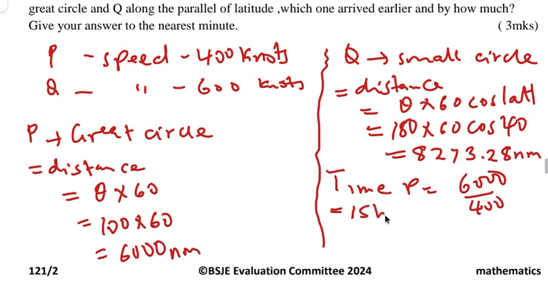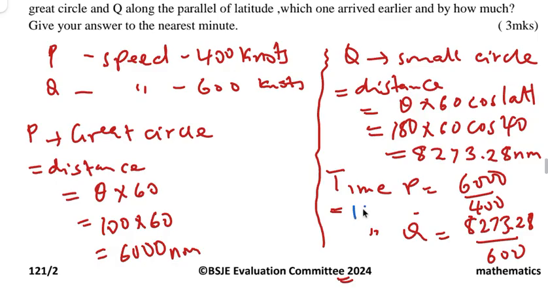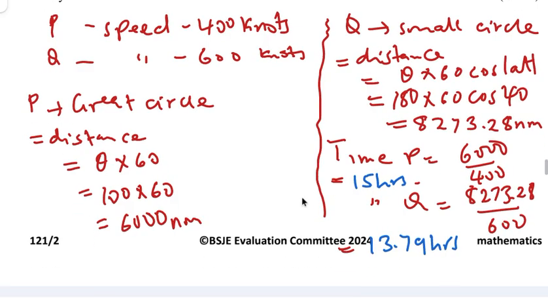Time for Q is 8273.28 divided by its speed 600. So here is 15 hours, and here, dividing, you get something like 13.79 hours, or 13 hours 47 minutes.